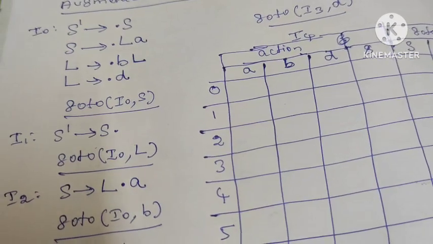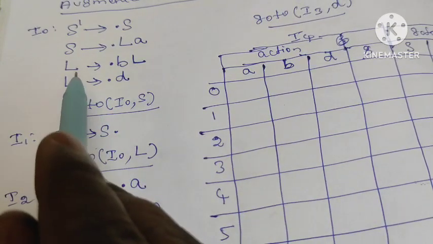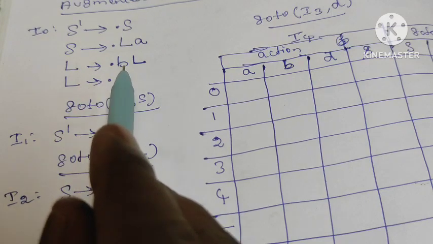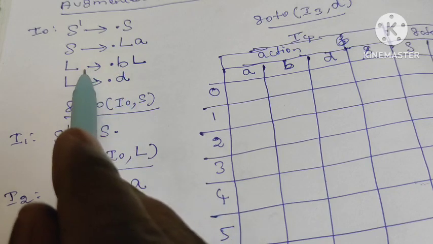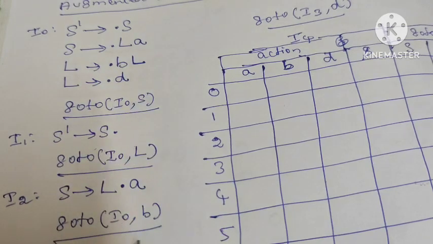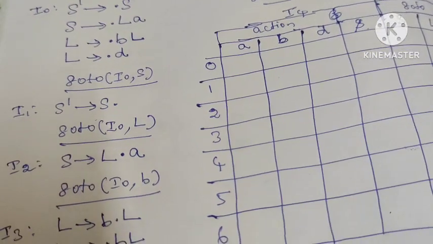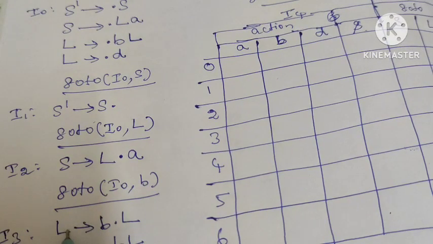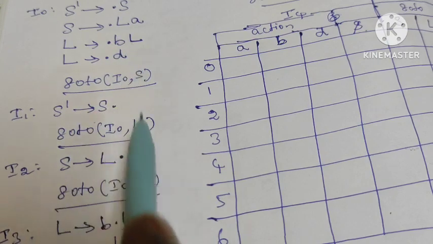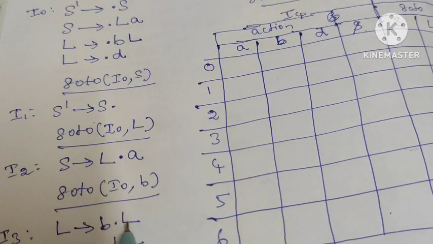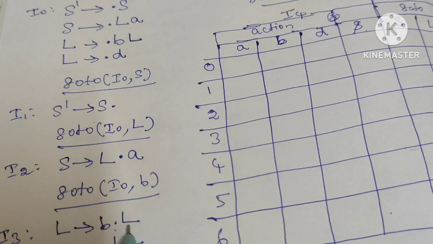Now come to the third production. In I0, we have L tends to dot BL. Now we have to process this B also: goto of I0, comma B. When we place the dot one step on the right, it will become L tends to B dot L. But the problem here is that the dot is before a non-terminal called L, so we have to find the closure operation.